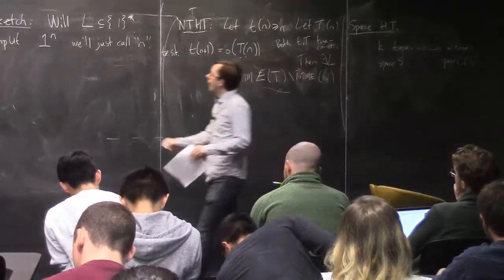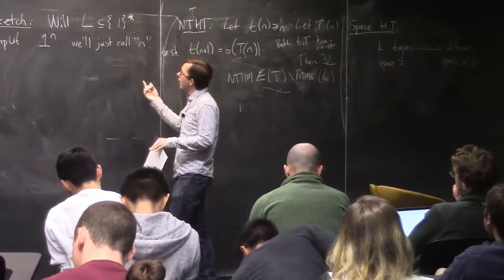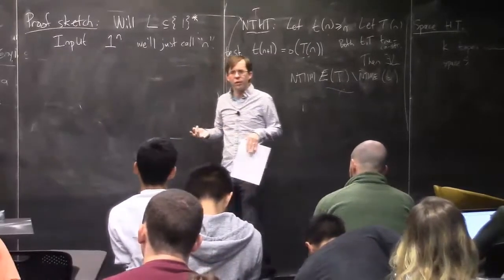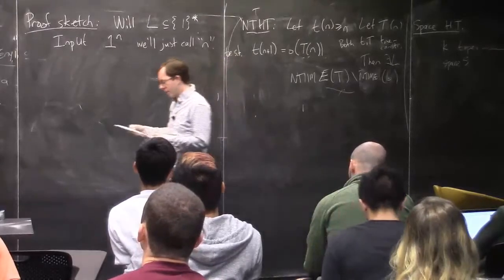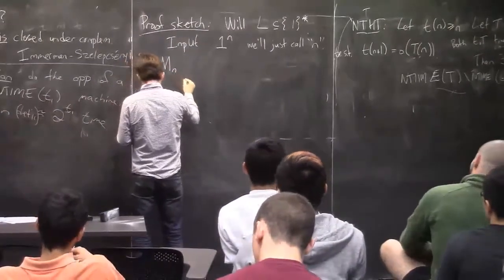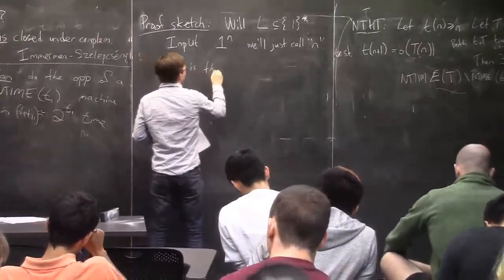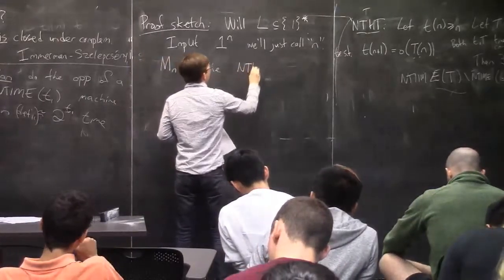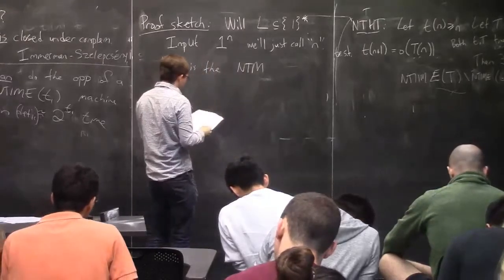Okay. So we still want the trick that we consider the input to be the encoding of a Turing machine that we're going to try to diagonalize against. So we'll use the notation that Mn is the non-deterministic Turing machine encoded by the input n.